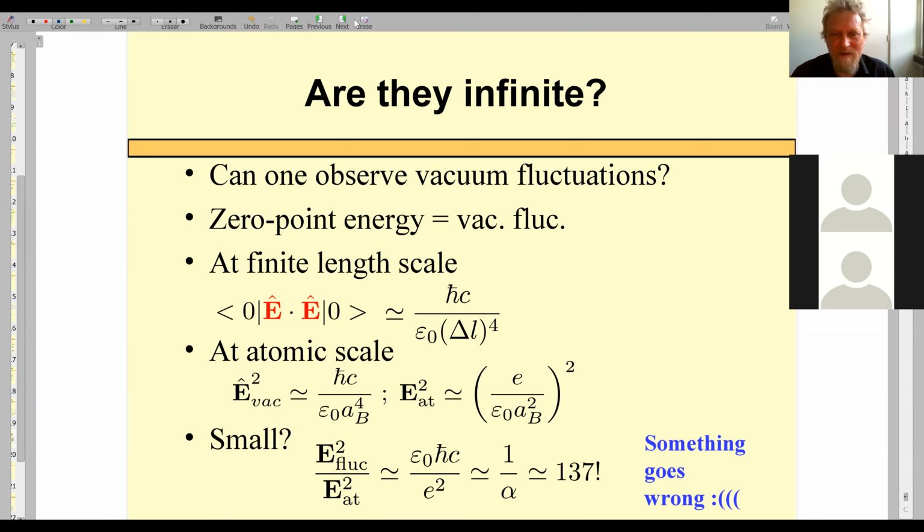Can we observe vacuum fluctuations? To accelerate it, I would say we cannot observe it directly, because if you look at vacuum, you just see empty space. What we can figure out is the correspondence between 0 point energy and vacuum fluctuations.